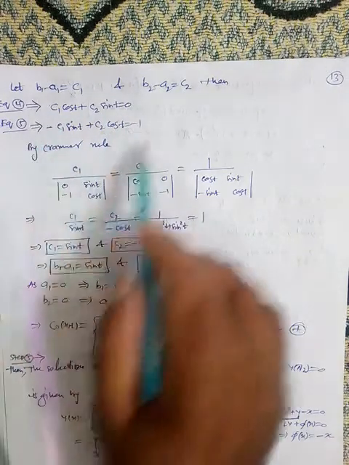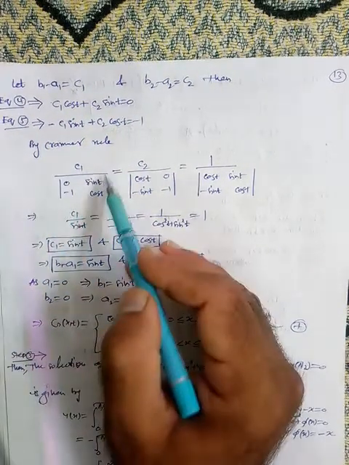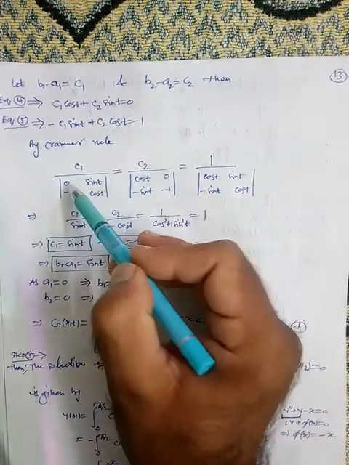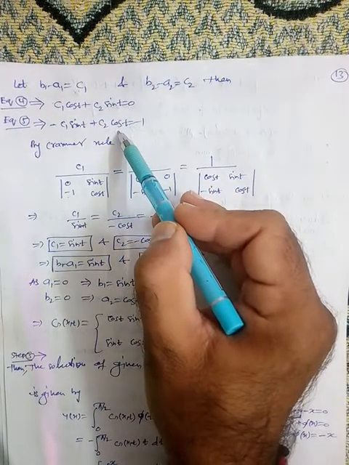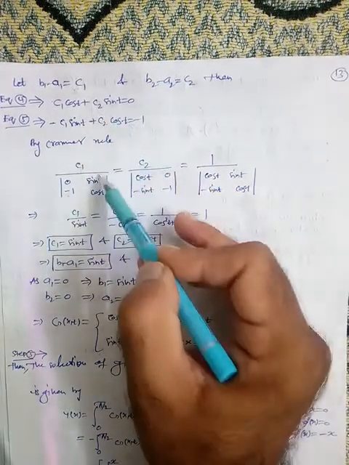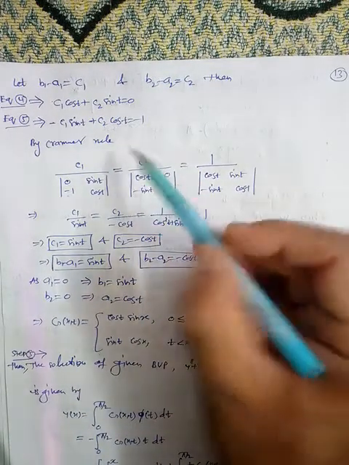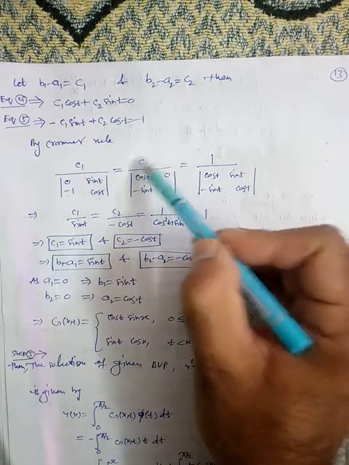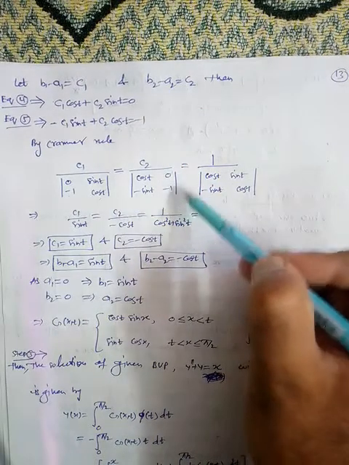Now apply Cramer's rule. So c1 divided by the determinant, whose first column is 0, minus 1, and second column is sin t, cos t associated with c2, is equal to c2 divided by the determinant.